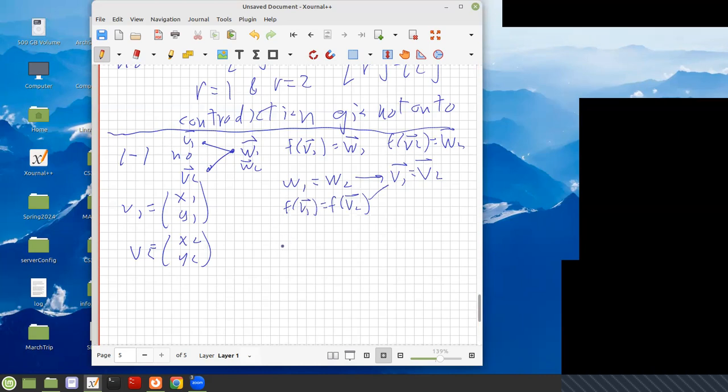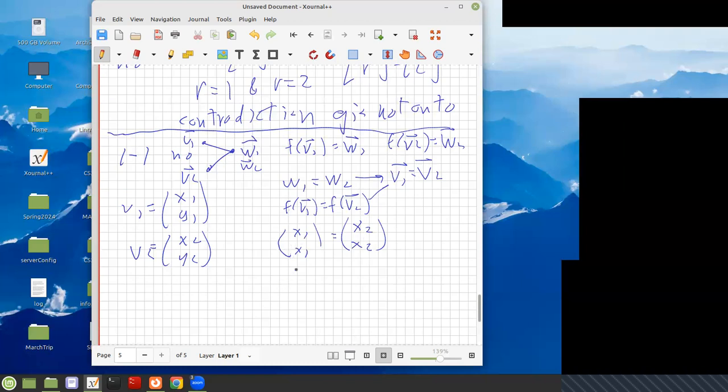So what I have to be able to do is say, if I choose arbitrary elements, say (x1, y1) and (x2, y2), and these are equal, can I show that they go to the same thing?